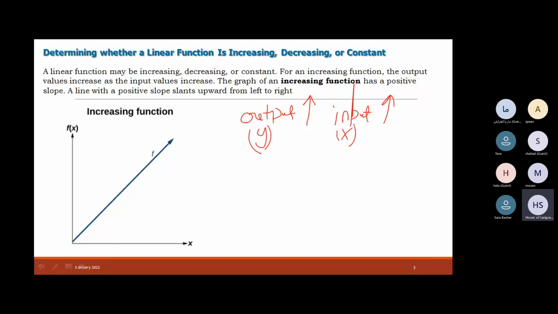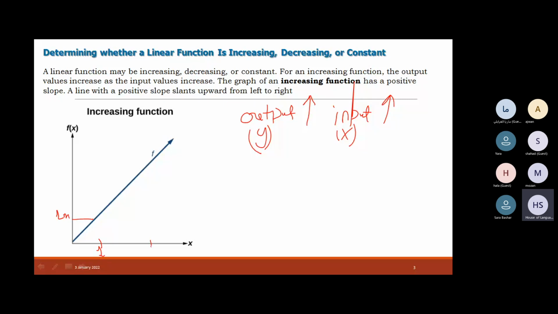As an example, the age of the tree and the length of the tree. Imagine when the tree is 1 year, it is 1 meter. 2 years, as an example, it will be 2 meters. 3 years, 3 meters. 4 years. So as time goes, the tree gets bigger. This means increasing.